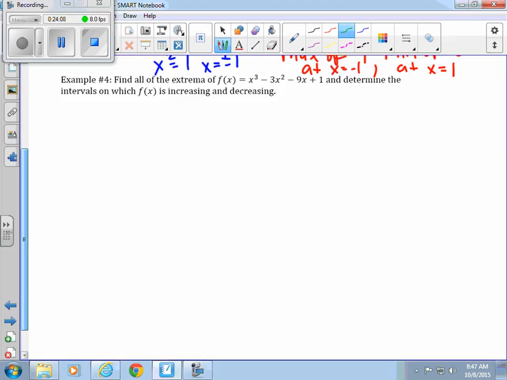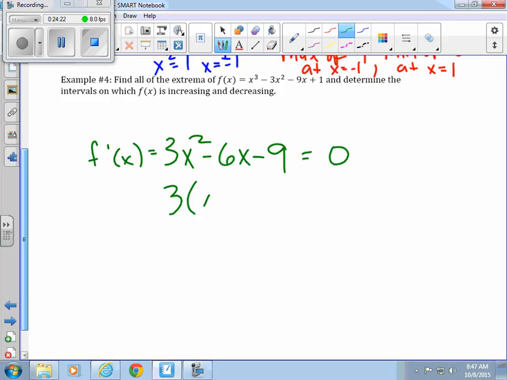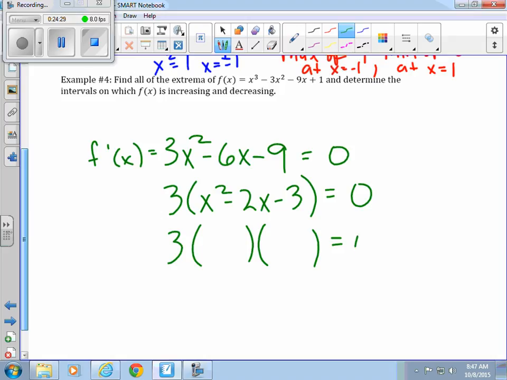Okay, so what are we going to do first? Find the derivative. Then what? Set equal to 0, and to do that I will need to factor. Luckily a 3 factors out, so that's nice. You're okay with all of that?